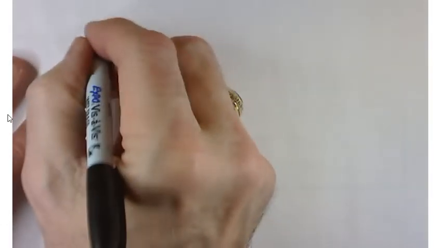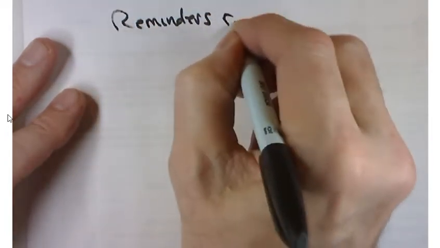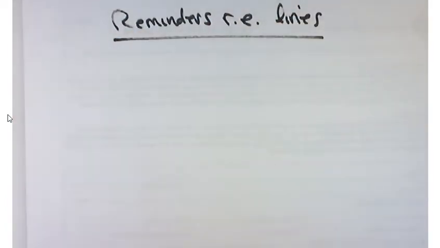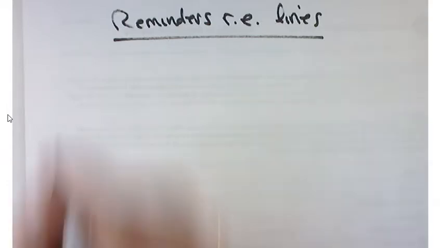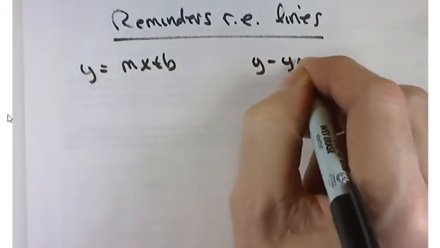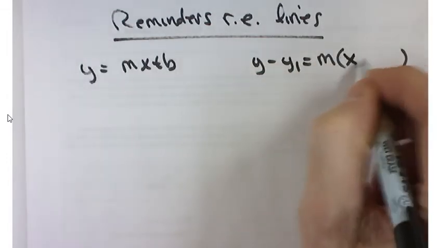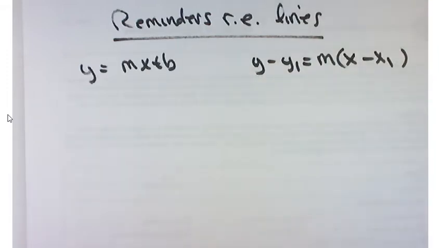There are two equations or formulas that I would think and hope that you know, but let me just remind you of them real quick. That is y equals mx plus b, and y minus y1 equals, anyone finish it for me? m times x minus x1. Good, thank you.